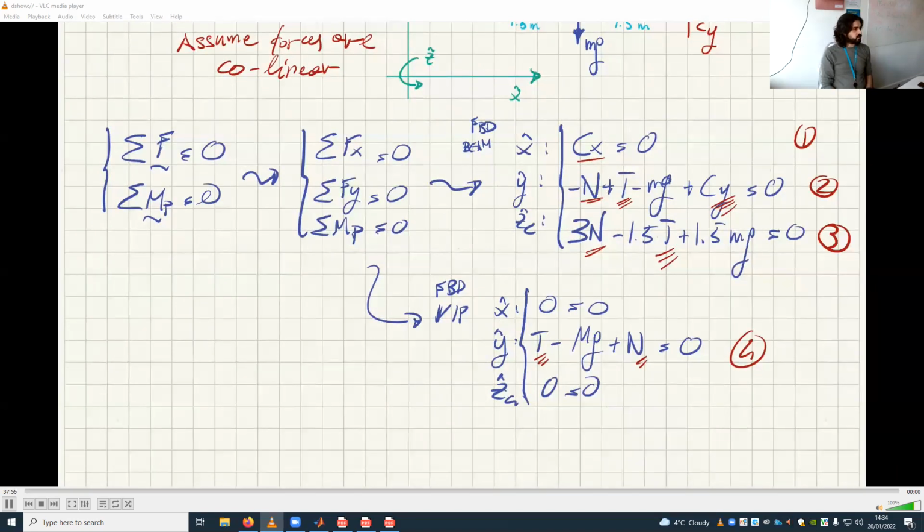Can you solve this? Of course you can solve this. It's very easy to solve. Shall we see if we can solve this with MATLAB? The first equation is solved already: Cx equals 0. That's it. Don't need anything else. So let's solve equations 2, 3, and 4 with MATLAB. How do we do that?